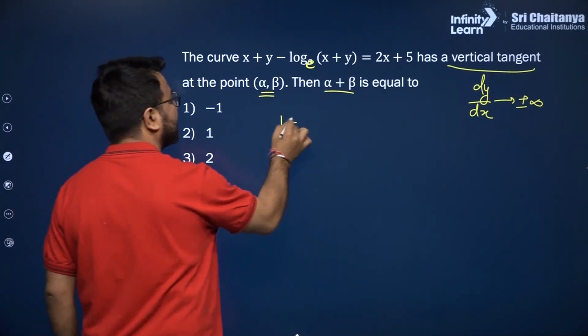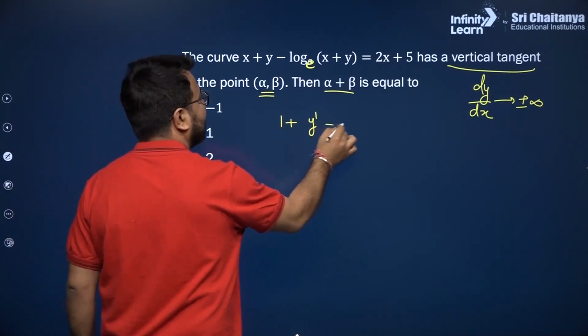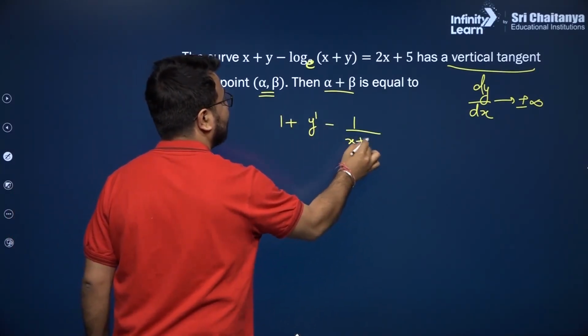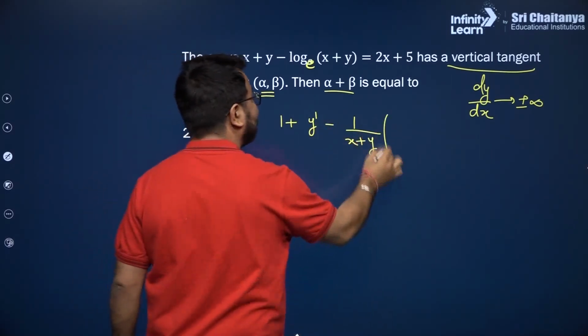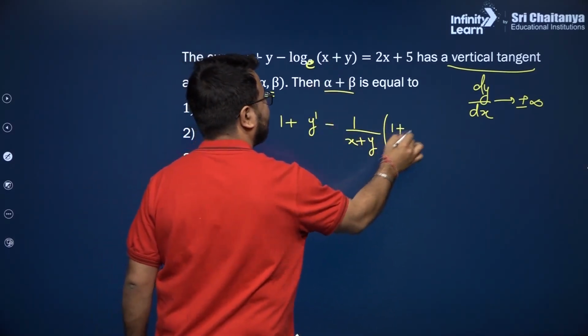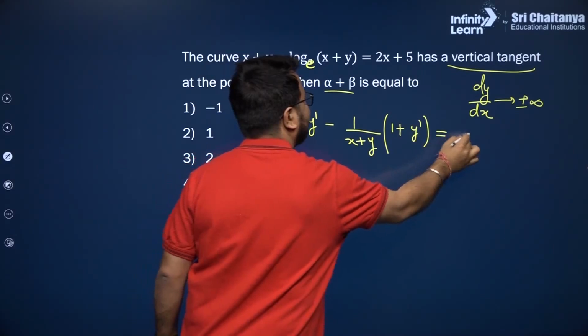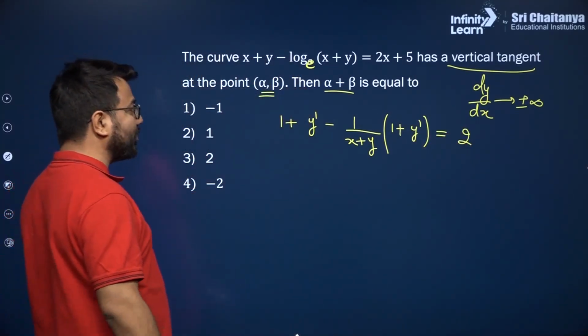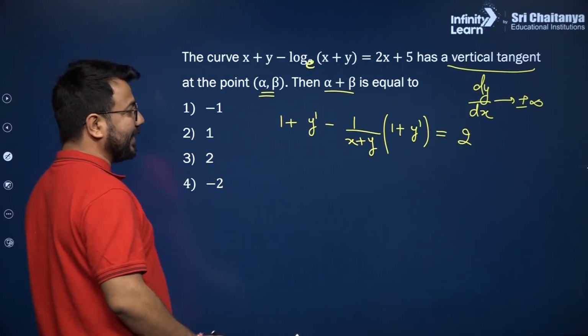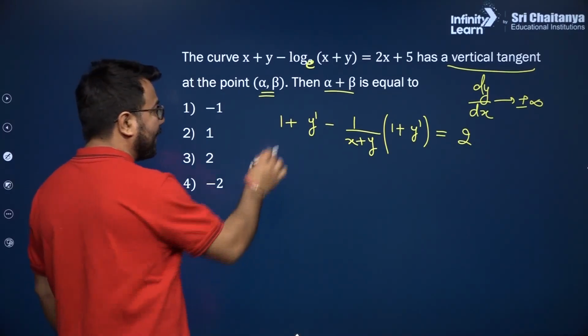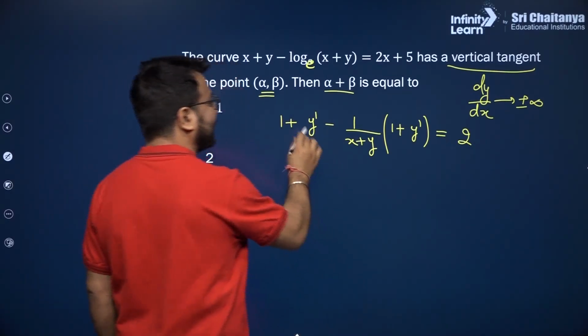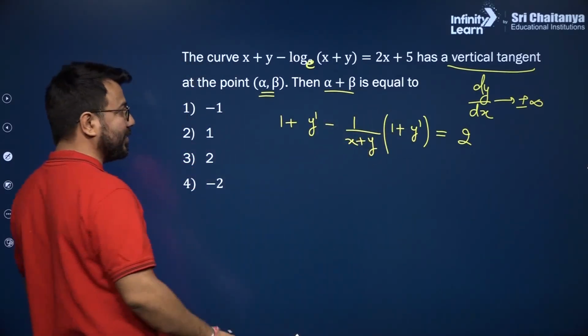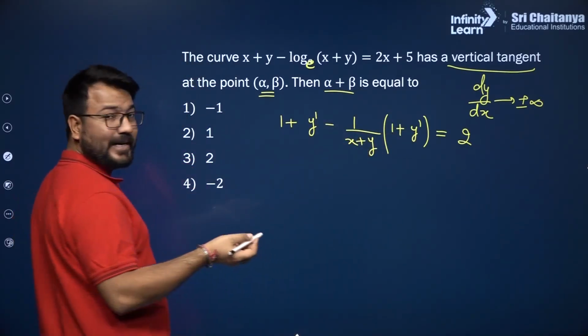So differentiation of x is 1, differentiation of y is y dash, then differentiation of log of something will be 1 upon (x plus y), multiplied by the differentiation of x which is 1 and differentiation of y which is y dash, and here we have the differentiation of 2x plus 5 to be 2. Now I can take this entire expression to the other side and multiply by (x plus y).